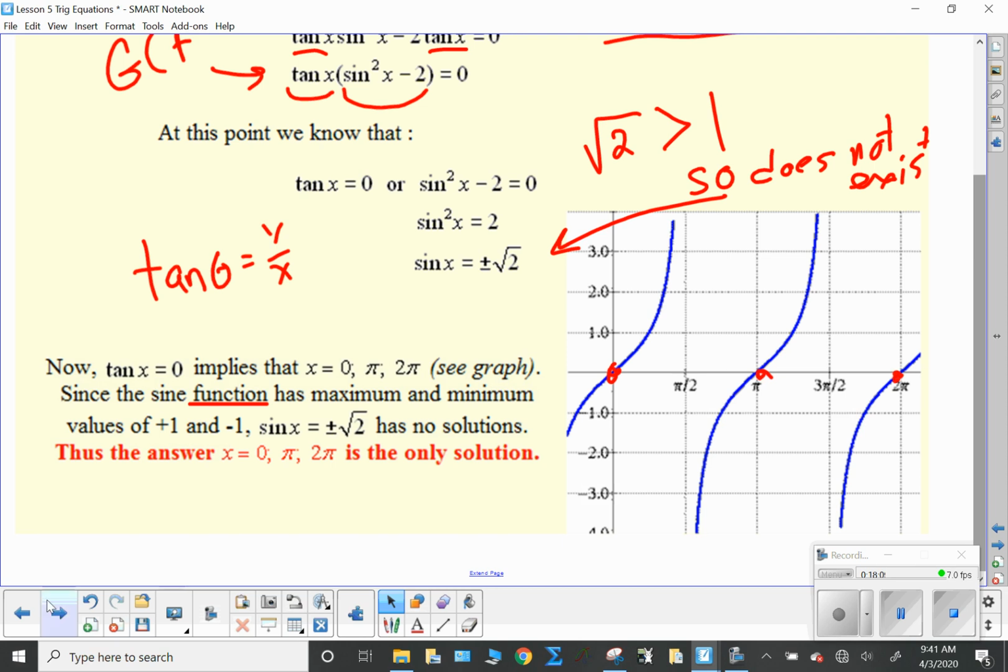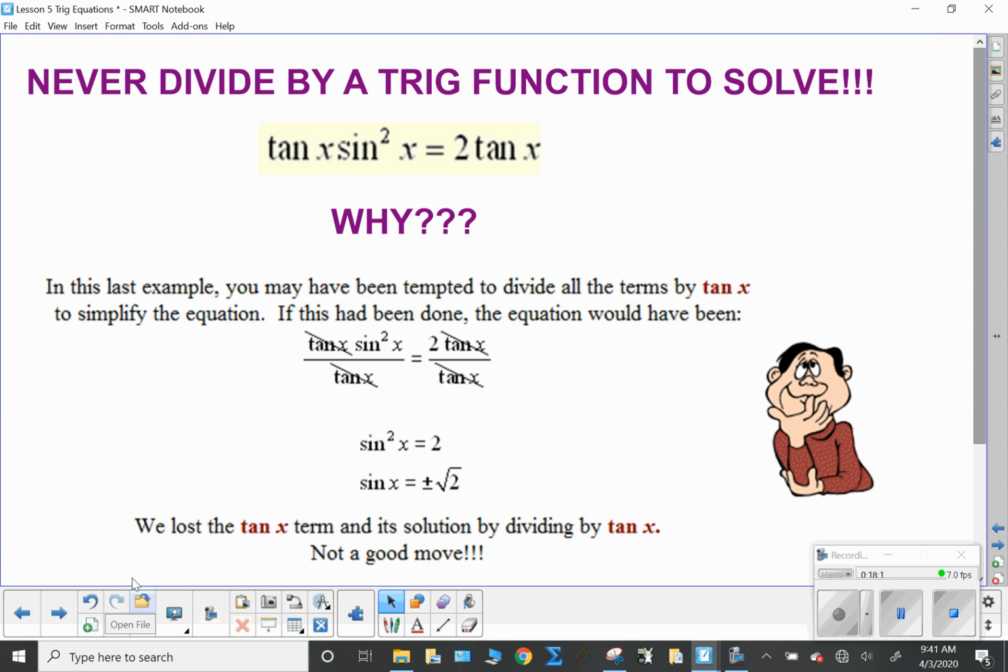Okay? All right. Never divide by a trig function. Why? Well, in the example that we just worked through, if I were to have divided by the trig function, I would have divided tan x and tan x, wound up with just the sine squared x is equal to 2, or sine x was equal to plus or minus root 2.